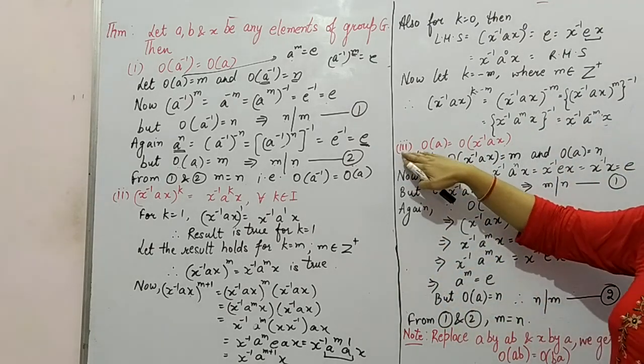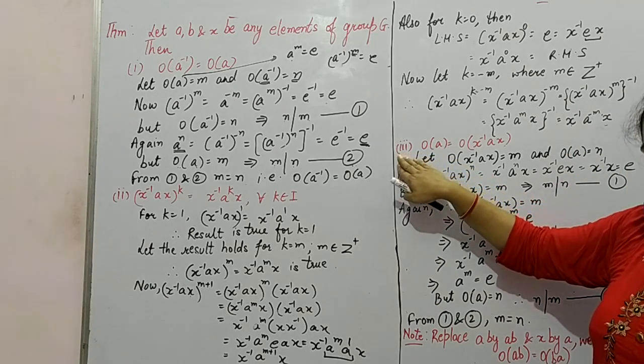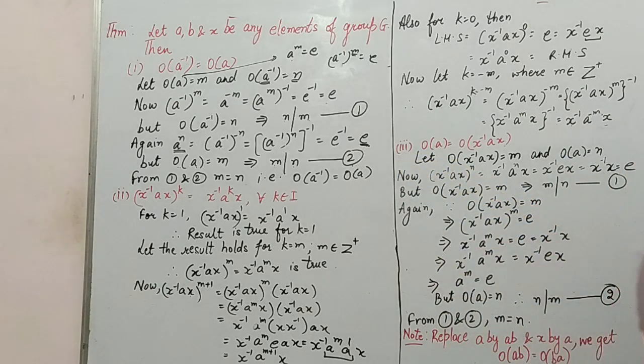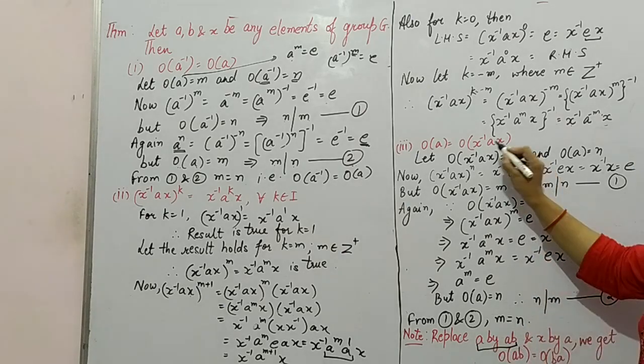Now from this result, we can derive a very useful result, that is order of AB is equal to order of BA. Very easy. What we have to do, just replace A by AB.